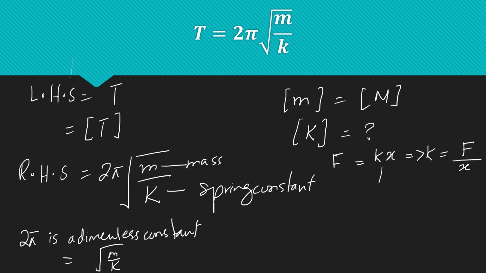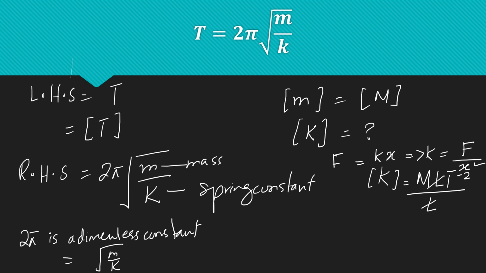And what is the dimension of F, students? Yes, it's equivalent to MA, so M will be M and A will be Lt minus 2, divided by x. What is x, students? X is the extension that the spring has undergone after applying a force, so it is equivalent to L, because extension has the dimension of length.